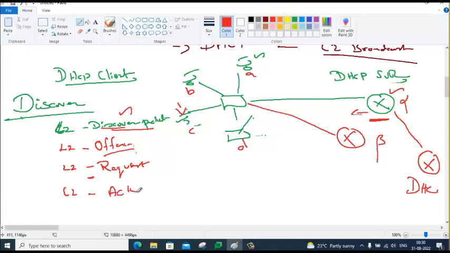And this acknowledgement is what brings the IP address to the client. From now on, the client can use the IP address for any conversations.